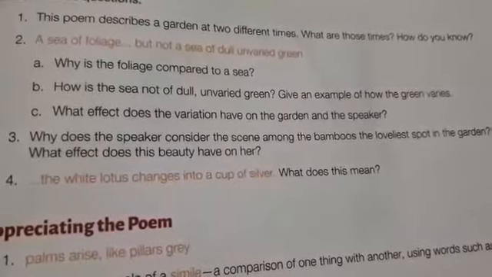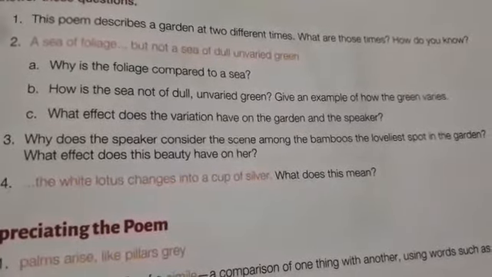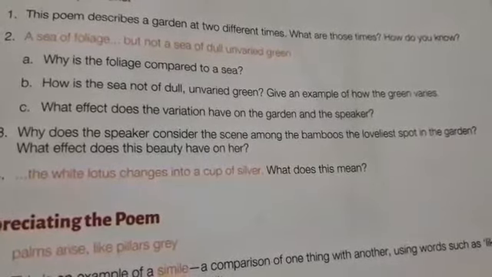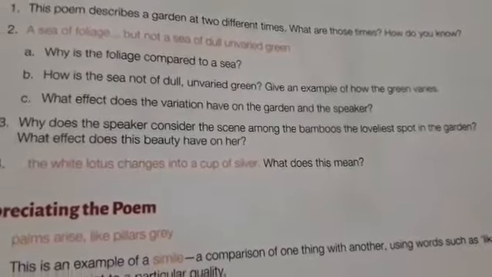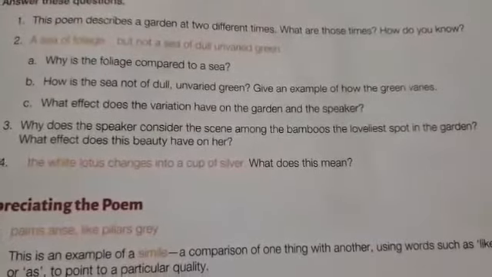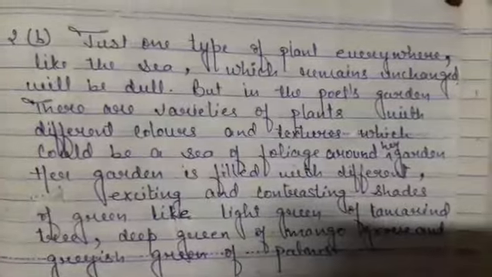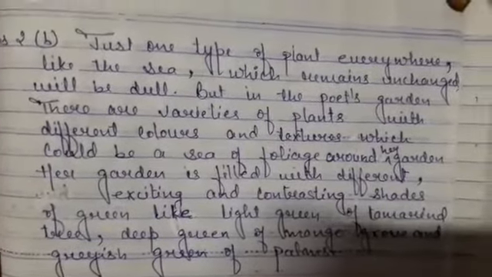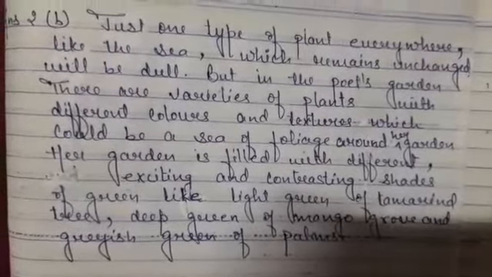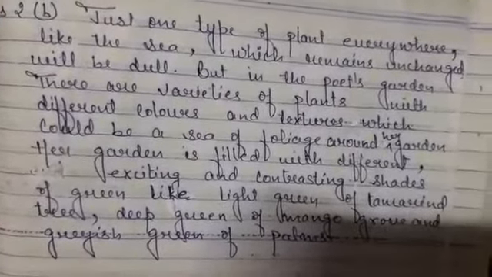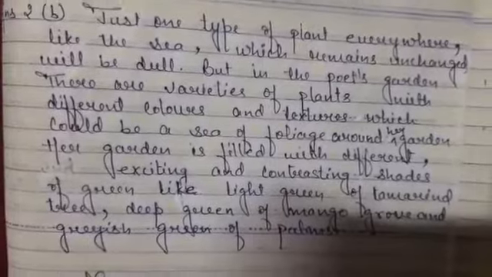The second question is of the same extract. How is the sea not of dull, unvaried green? Give an example of how the green varies. And the answer is, just one type of plant everywhere like the sea, which remains unchanged, will be dull.